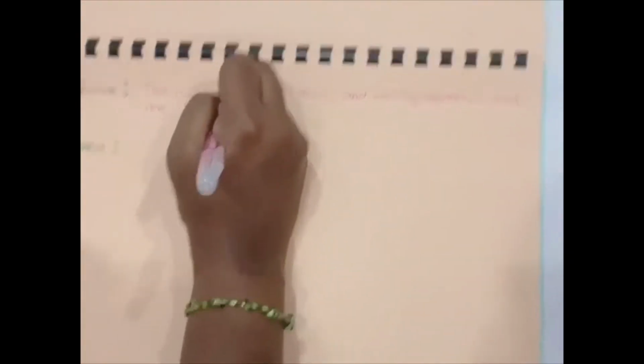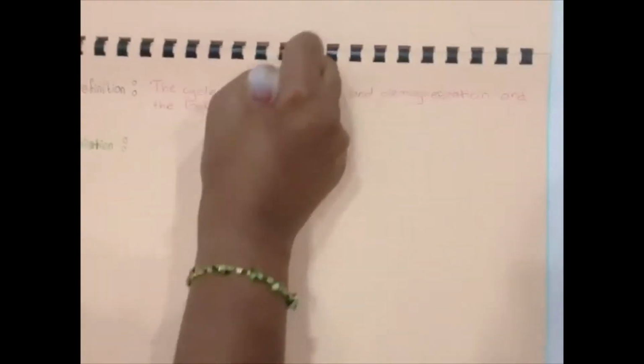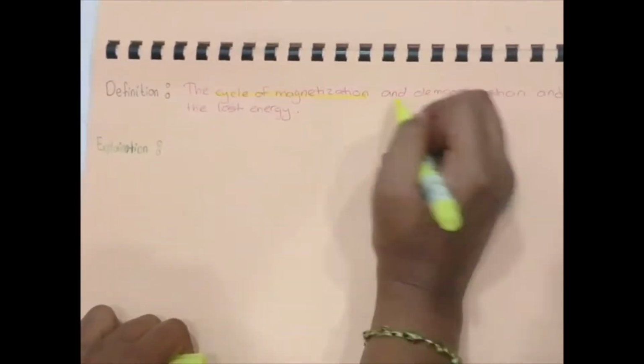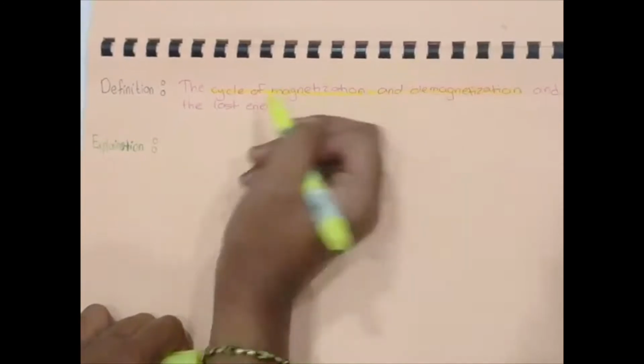This is the key point of the definition: the cycle of magnetization and demagnetization and also the lost energy.